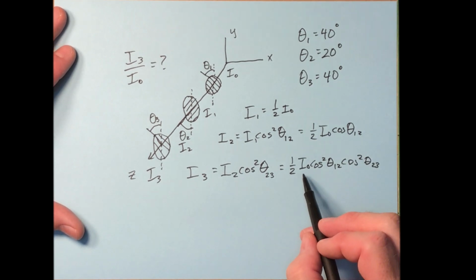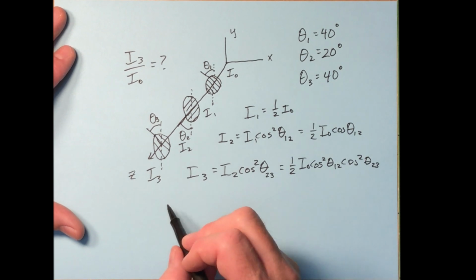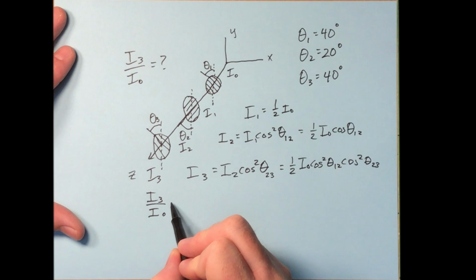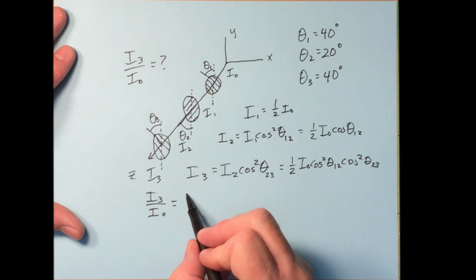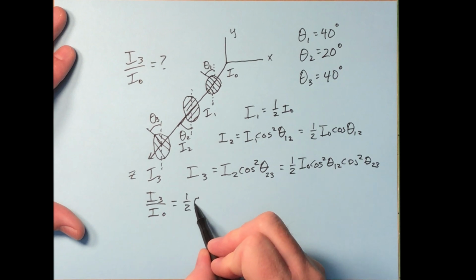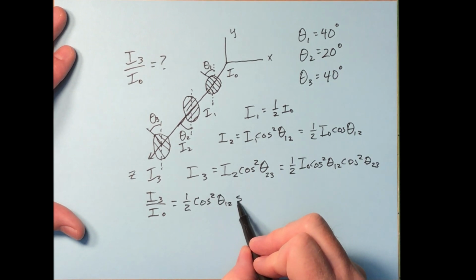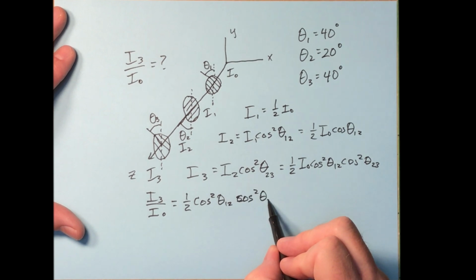So if I take this relationship here, there's I3, there's I naught, and I solve for I3 over I naught, which is what we want, then that's going to be 1/2 cosine squared of theta 1, 2 and cosine squared of theta 2, 3.